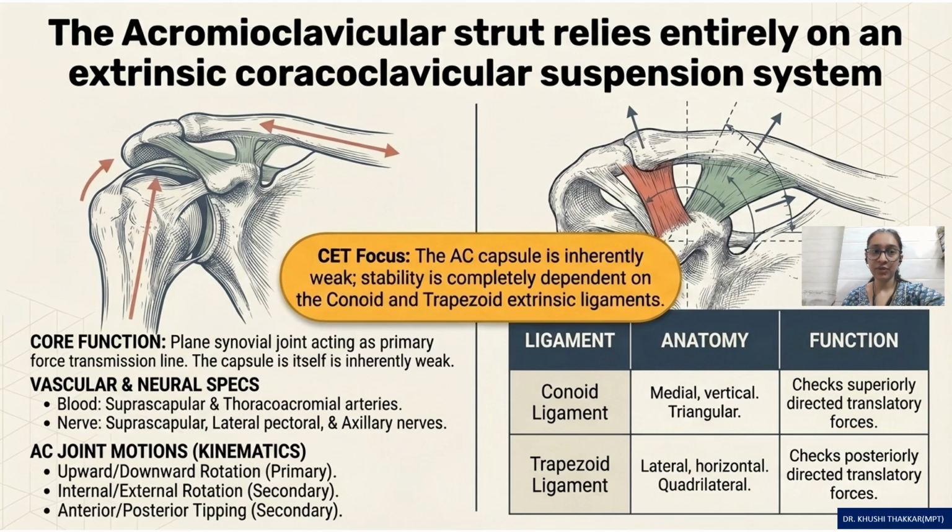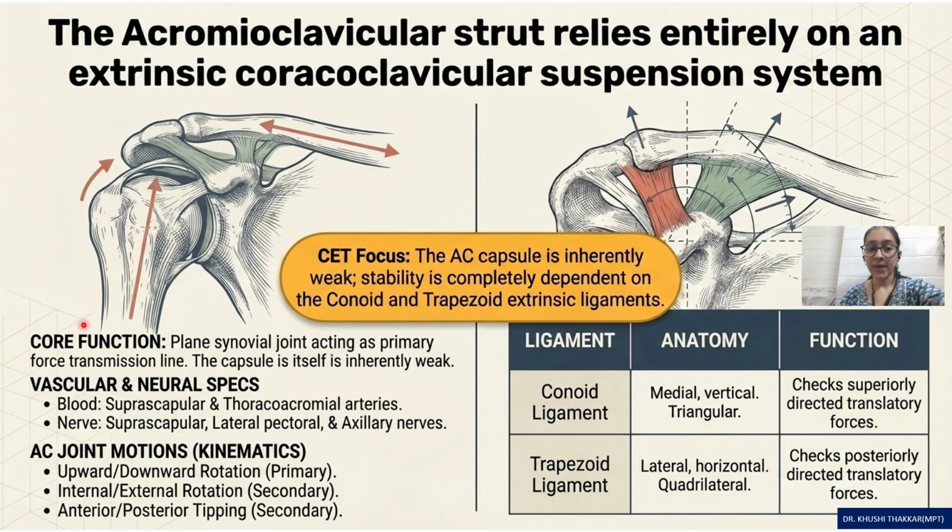Now the acromioclavicular joint. It is a plain synovial joint which attaches the scapula to the clavicle and allows transmission of forces from the upper extremity to the clavicle. So all the transmission of forces from the upper extremity goes to the acromial surface of the scapula, and via the joint formed by the acromial surface and the lateral end of the clavicle, that is the acromioclavicular joint, the forces now go to the sternum via the sternoclavicular joint.